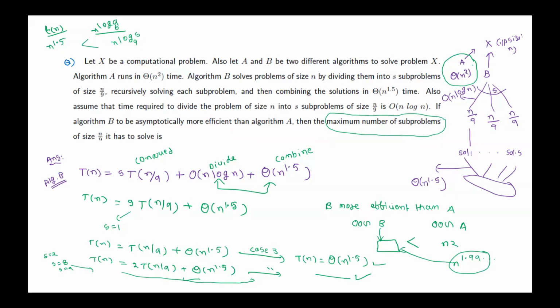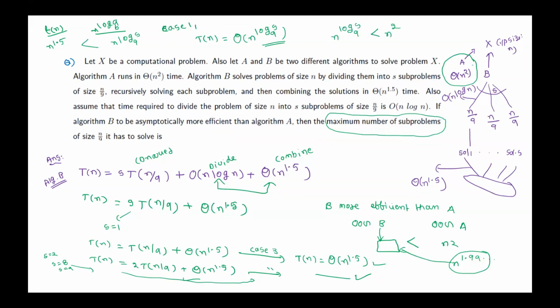Case 1, sir. By case 1, what is T of n? Theta of n power log s base 9. Is that correct? But what do we want? The n power log s base 9 should be less than n square.